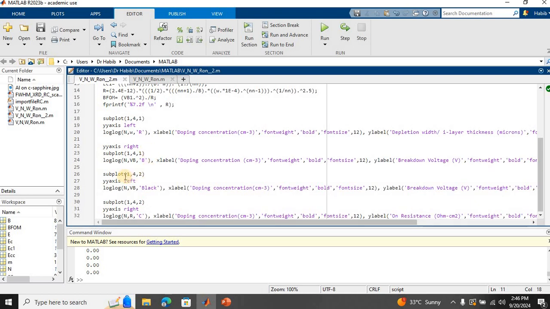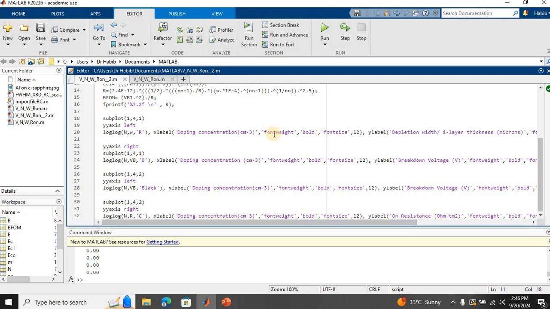Similarly, over here I'm plotting the breakdown voltage and the on resistance versus the doping concentration in the same plot. The breakdown voltage is plotted on the left y axis, and the on resistance is plotted using the right vertical axis.